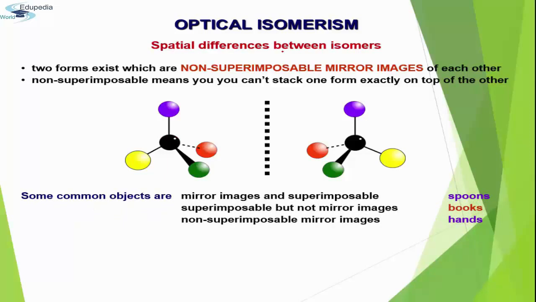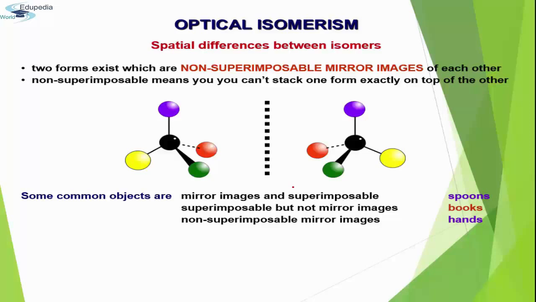Can you see which of the common objects are mirror images and superimposable? Just bring a mirror and test it. First, take the example of a spoon. All the spoons are mirror images of each other, and when you stack one spoon over the other, they superimpose.